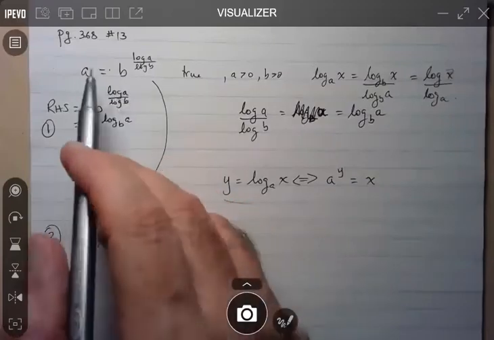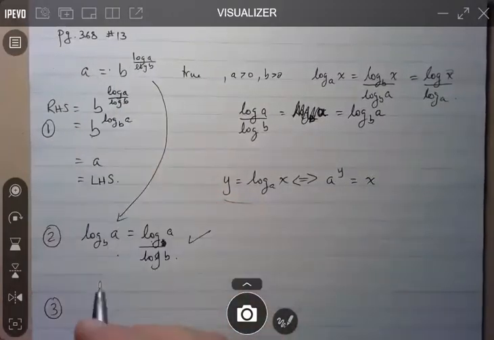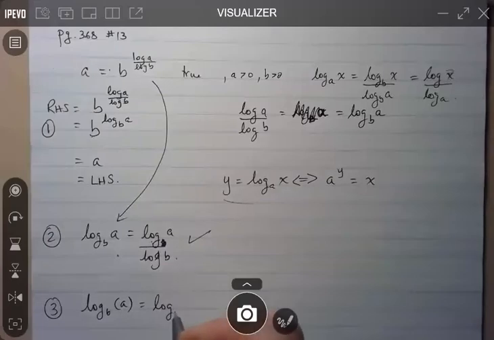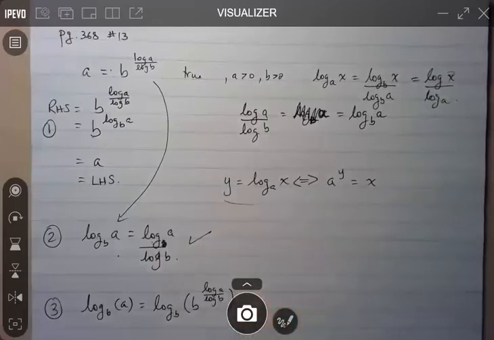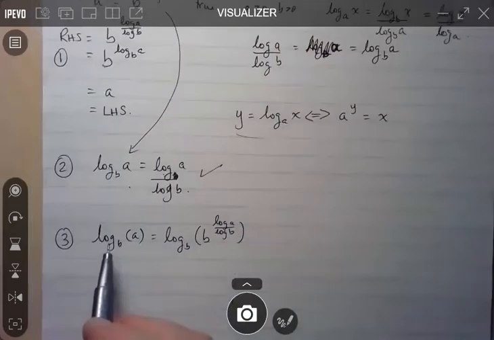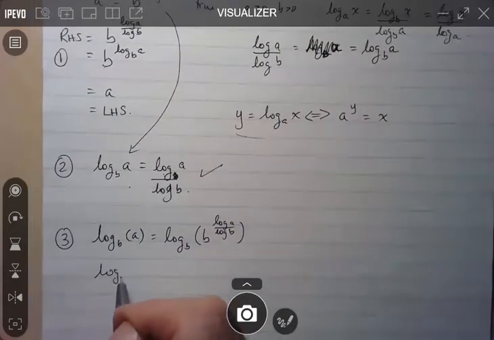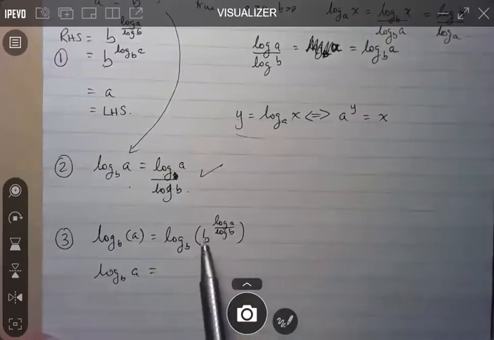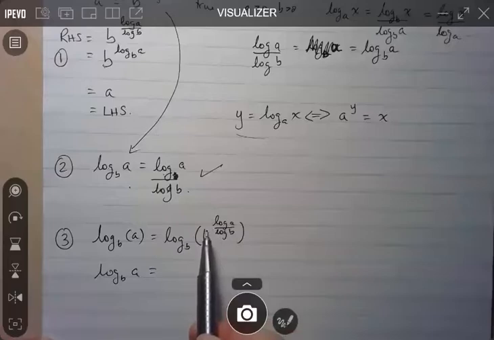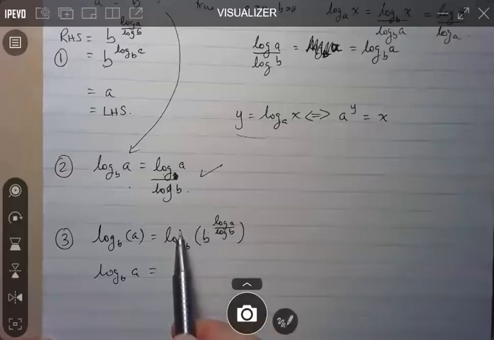Let's take log base b of both sides. So here I have log base b of a, and then log base b of b to the log a over log b. Here there's nothing to simplify, just log base b of a. But here we have inverses. We have this input being put into the exponential function, which is then being input into its logarithmic inverse.